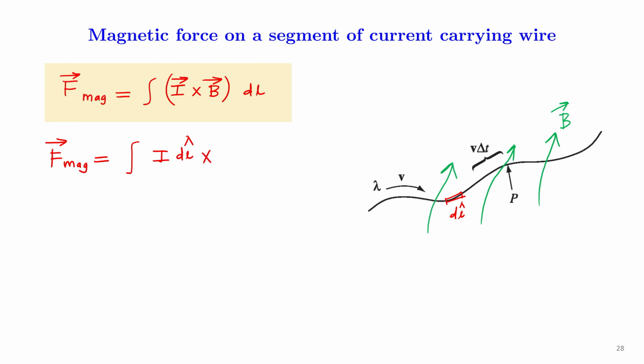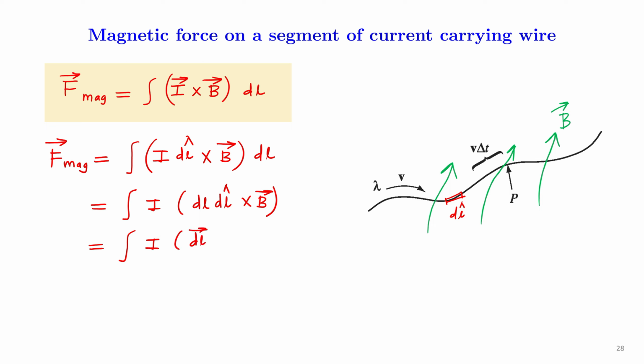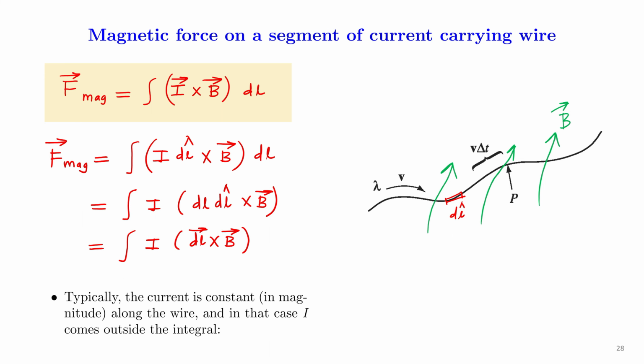Therefore, this is I dl hat cross B dl, and this is equal to integral I dl cross B. Typically, the current is constant in magnitude along the wire, and in that case I comes out of the integral. Therefore, we have F mag equal to I integral dl cross B.